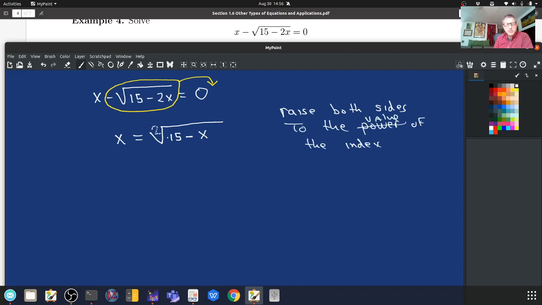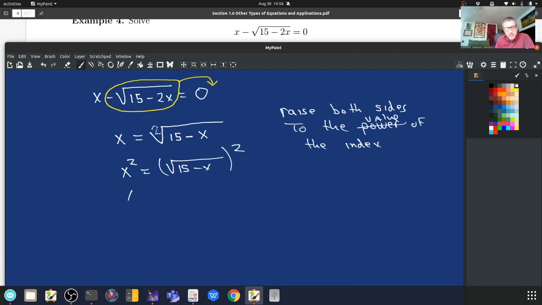And the index is 2. So this gives me x squared is equal to, when I raise both sides to the value of the index.